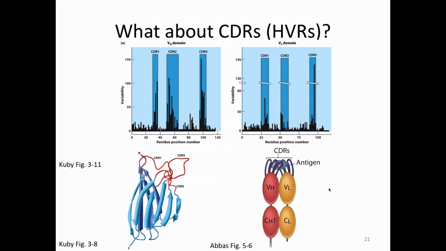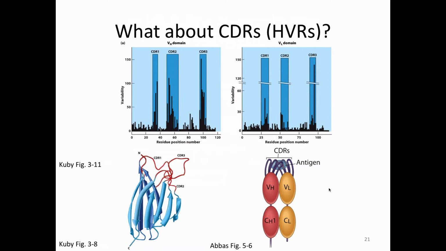Some parts are really, really variable. We call them the hypervariable regions, or HVRs. Those hypervariable regions bind to the antigen, like 3 little fingers. They are the loops that come off the beta sheets. And so you can see the heavy chain and the light chain come together with these 3 loops to touch the antigen. Those are the complementarity determining regions. Those are the parts that are super variable.